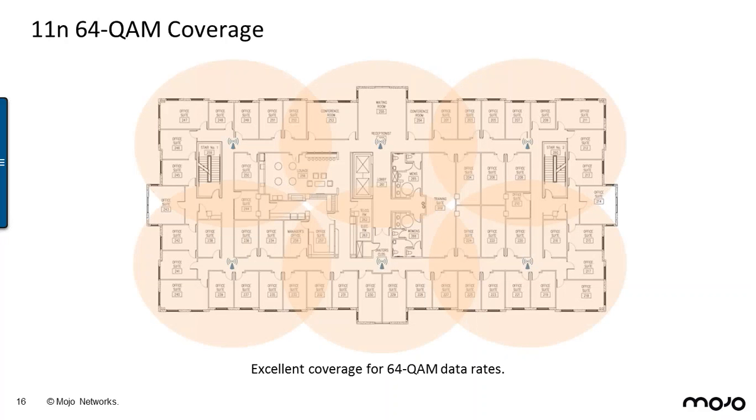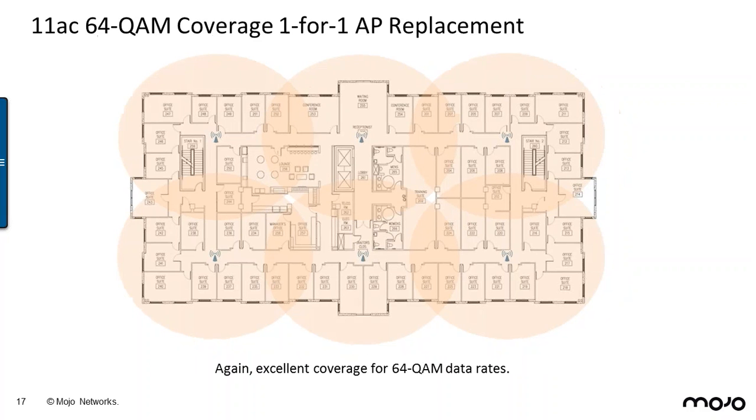Okay, so just to illustrate the point here, if you had this building and you had 6 APs and you were designing it for 64 QAM coverage everywhere, you could do that with 6 APs as illustrated here. Now, if you do a 1-for-1 replacement, and a lot of times that's what we're recommending if you currently have an 11N network and you're going to be doing an 11AC upgrade.